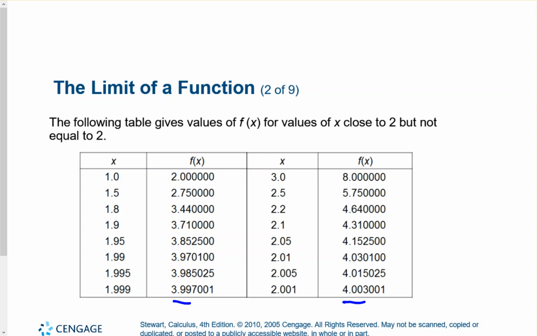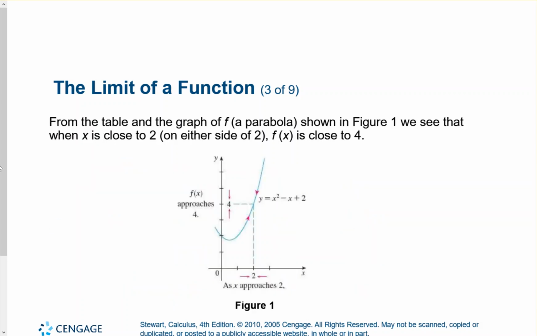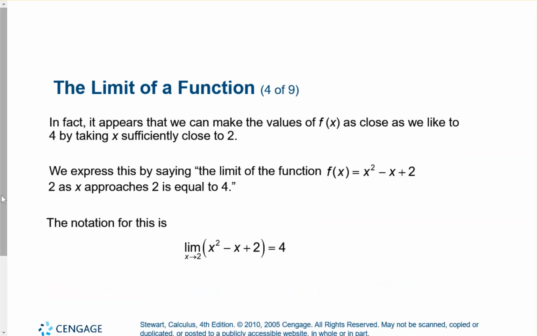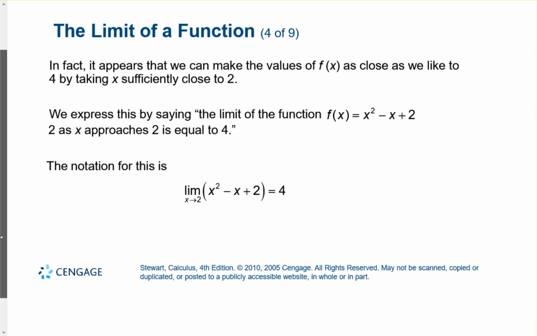So it's safe to say that the function is approaching 4. For this we would say the limit of the function as x approaches 2 is equal to 4. That's how we would write it in notation form. A pretty straightforward example.